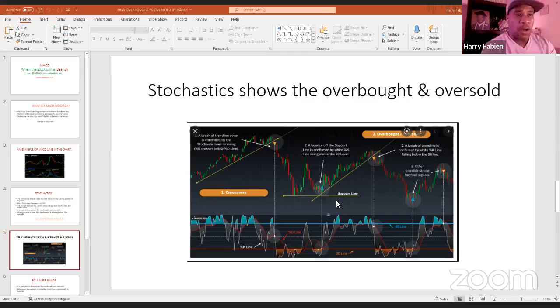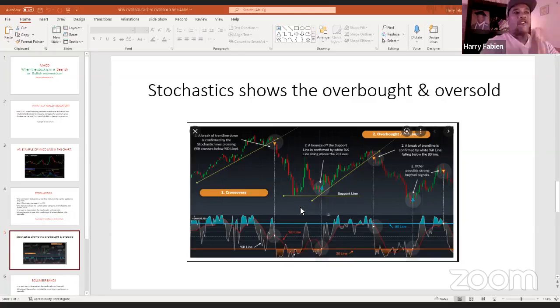The support is very confirmed. Whenever you see the stock at the support, it is great, and also when it is below 20 and the candle sits at the support, that's a good confirmation. It's very confirmed here. That means you can buy.